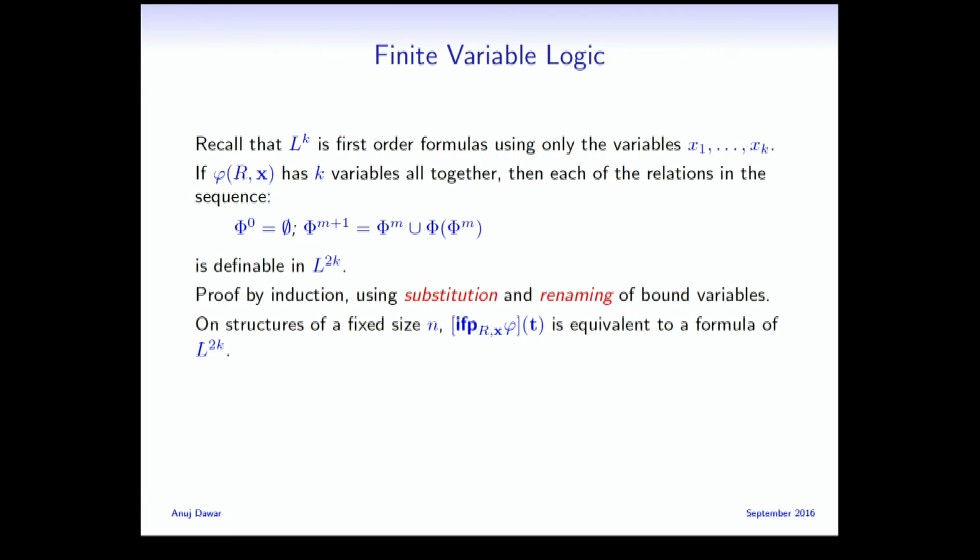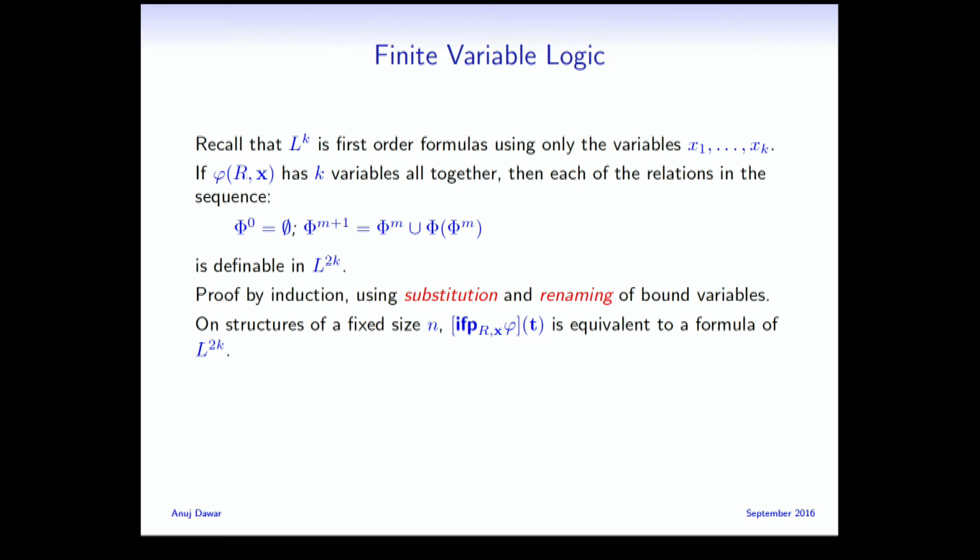So this means that if you fix the size of the structure n, this formula, which is then equivalent to phi n to the k, is definable by a formula of L2k. So the number of variables here doesn't depend upon the size of the structure. That's the key point.